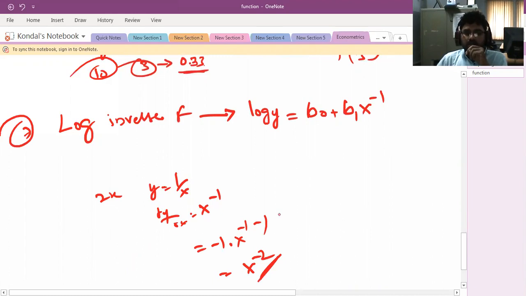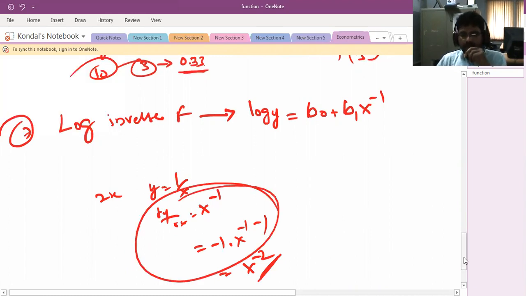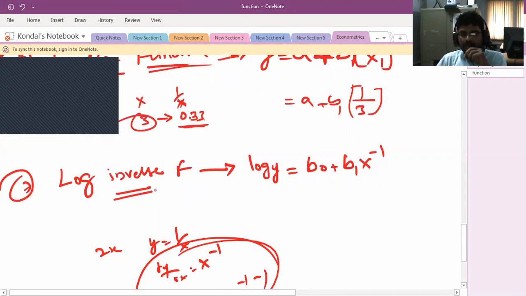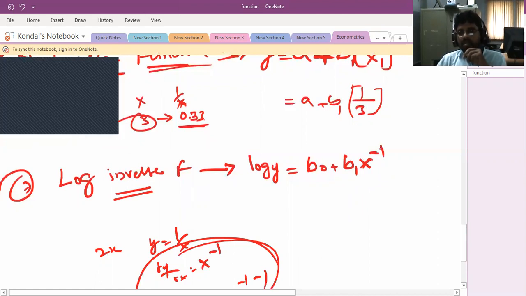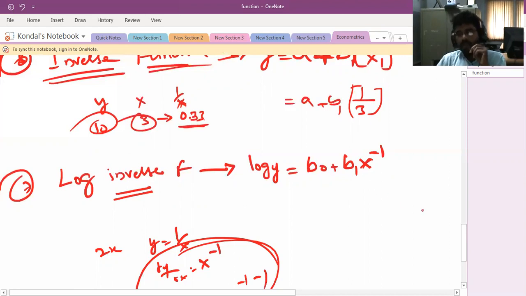So we have to do some derivatives. So 1 by x is nothing but x power minus 1. These are the different forms of functions.